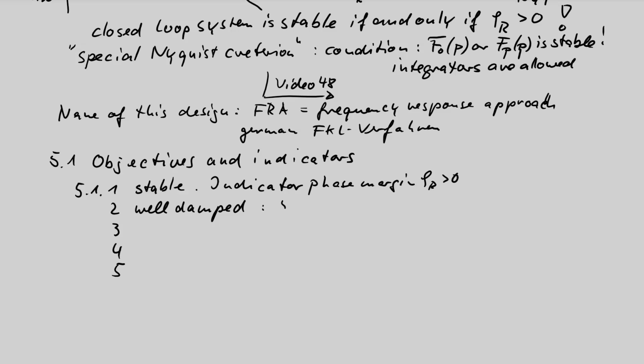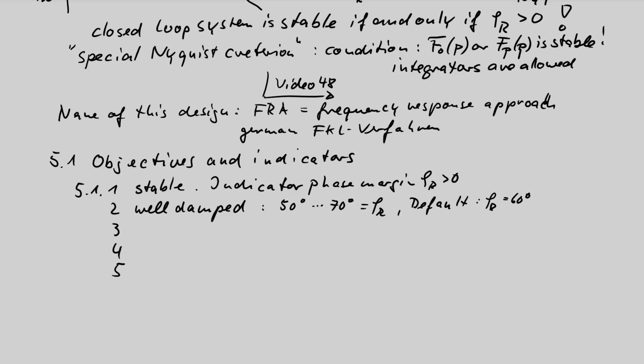In typical systems, we have, say, 40 to 70 degree phase margin values. A typical default starting value is a phase margin of 60 degrees. You start normally with a 60 degree phase margin design and then make adaptations if you want the damping a little bit higher or smaller, but 60 degrees is a good value.